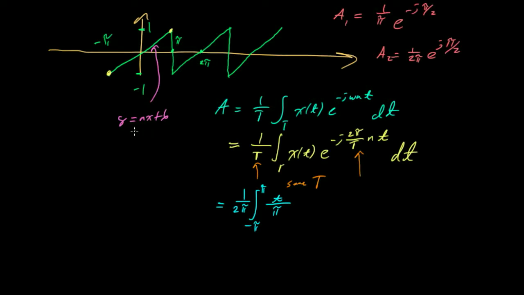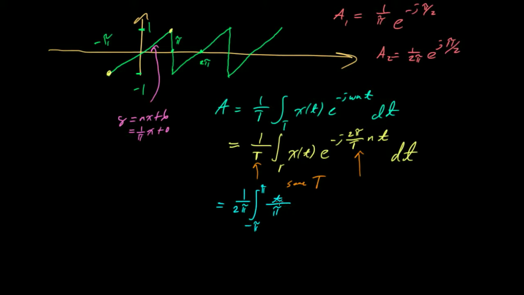So in this case, what's the y-intercept? 0. And what's the slope? If it goes up 1 over pi over the pi, then it's 1 over pi. Okay. All right. So that's why we have t over pi right here.